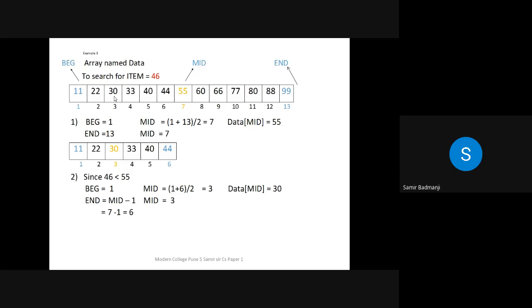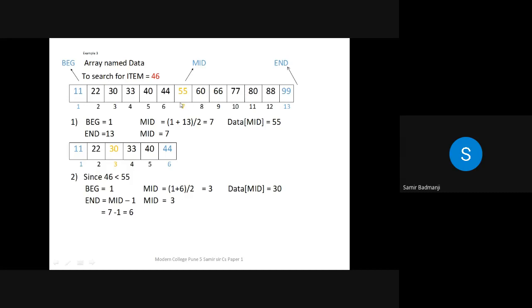When the element is not there in the array, what condition will happen? Beginning will become greater than end. So till that condition, we have to just keep on solving. Now see, beginning is 1. Always write down the location. End is 13. Calculate the midpoint. 1 plus 13 divided by 2, which is 7.